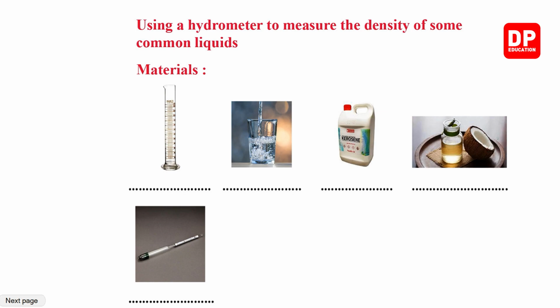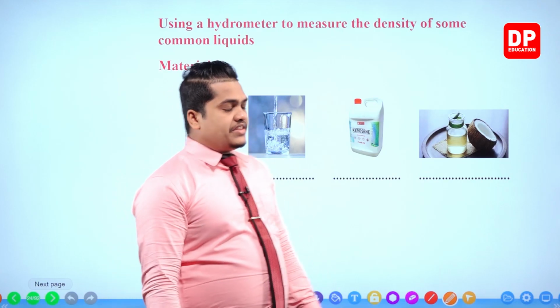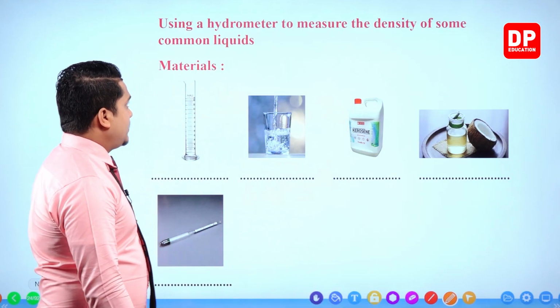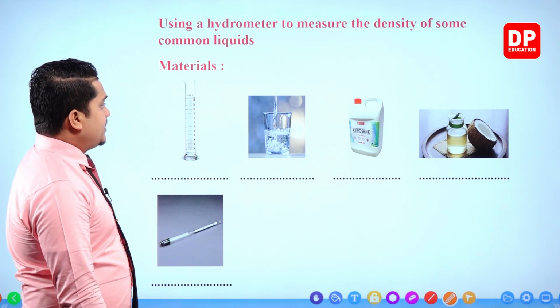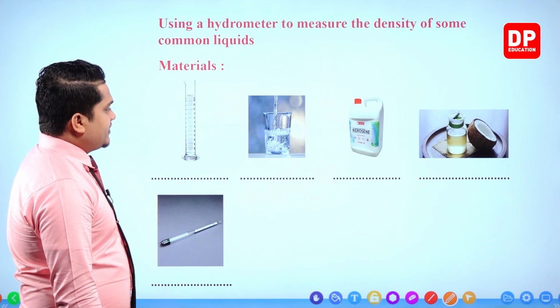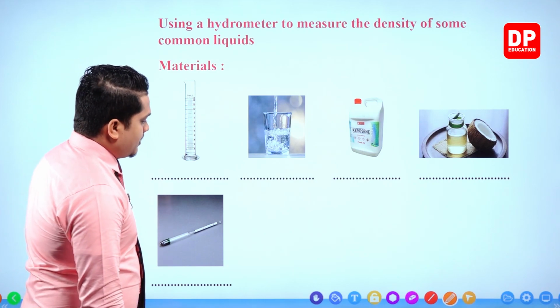Now, like I said, we are going to use the hydrometer to measure the density of different liquids. So you are given a simple activity, using a hydrometer to measure the density of some common liquids. So what are the liquids that we are going to take?